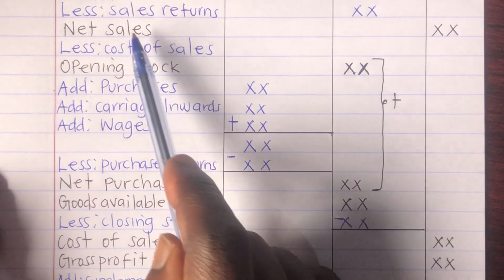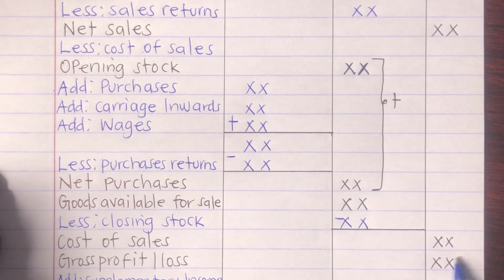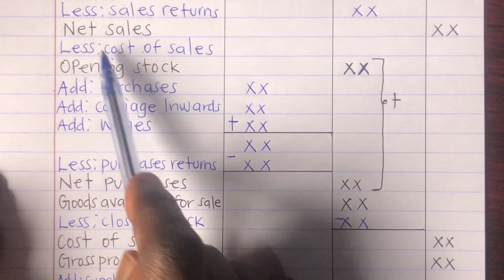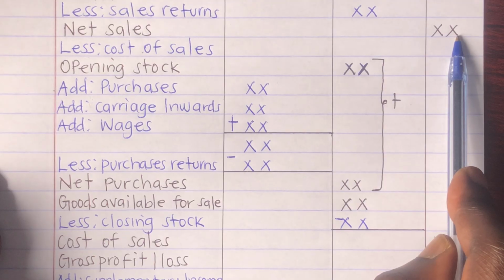When the business has more net sales and less cost of sales, meaning the business has incurred a gross profit. But when the business has cost of sales being more than the net sales, meaning the business has incurred a gross loss.